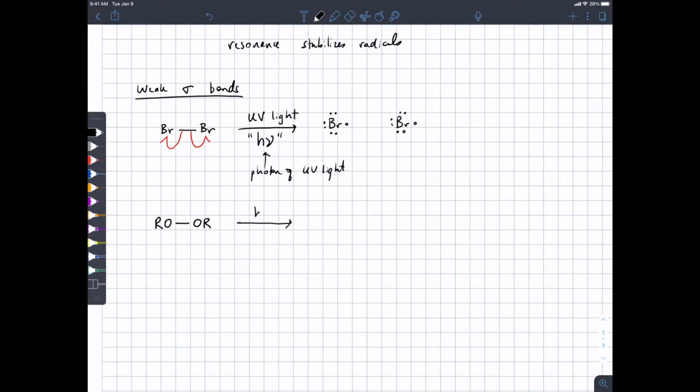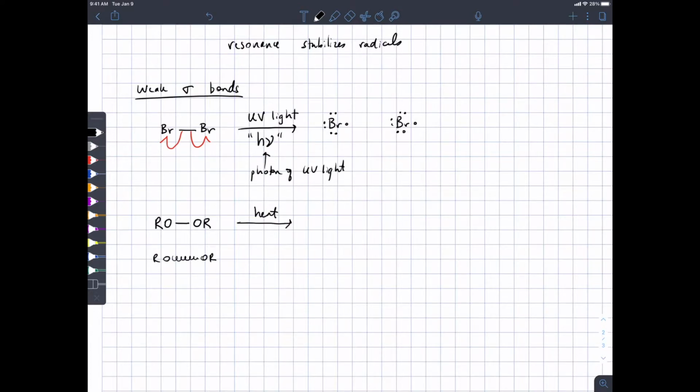If you add heat, you can excite the bond. Adding heat causes, if you envision the bond between these two oxygens to be like a spring, adding heat starts to increase the vibration of that bond, and eventually you get to the point where they're far enough away that the bond doesn't exist anymore. So you can make that bond break with heat.